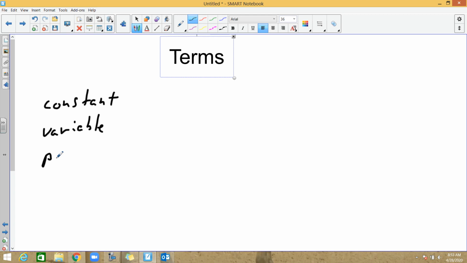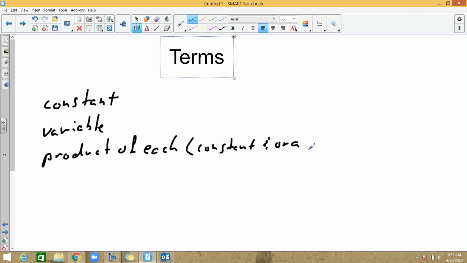Or you can get a product of each, which means basically a constant and/or a variable. All right, so a term could be X. A term could be 7. A term could also be 7x.